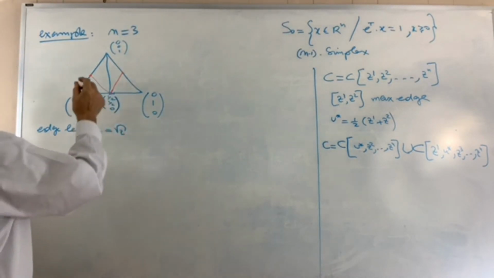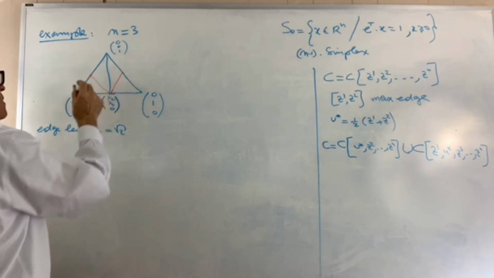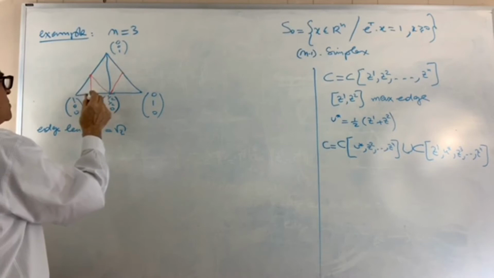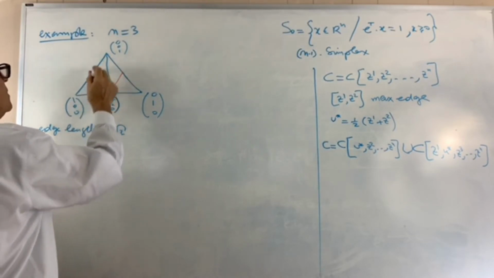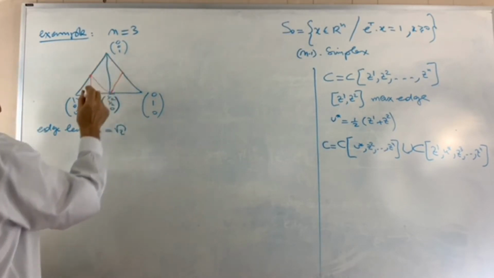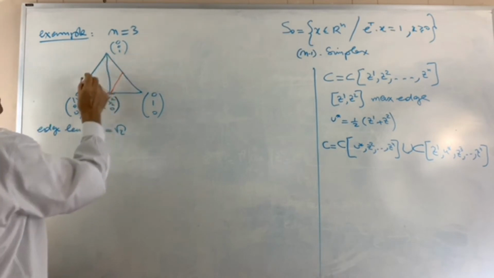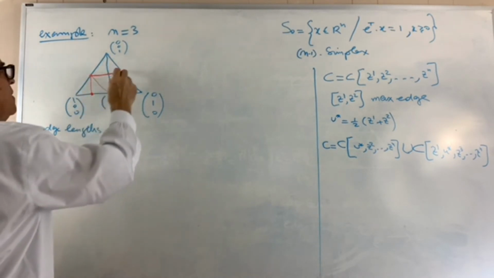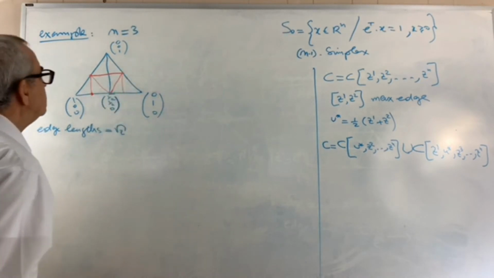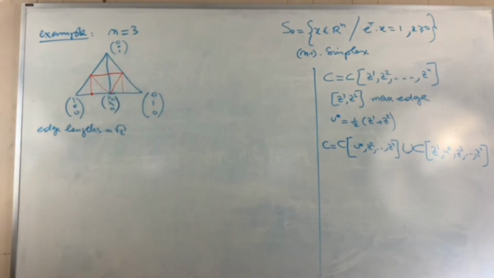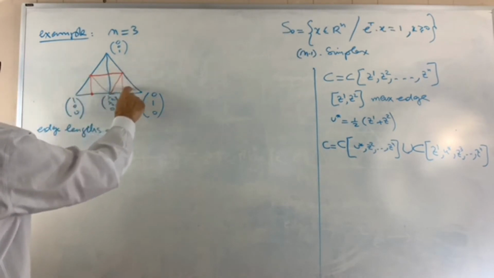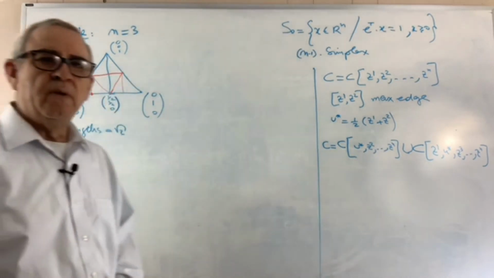For this one, all the edges are equal, so I just use this one. For this subcone right here, the maximum edge is this one. So you subdivide like this, and this one like this. At this iteration, we have 8 subcones, and so on.